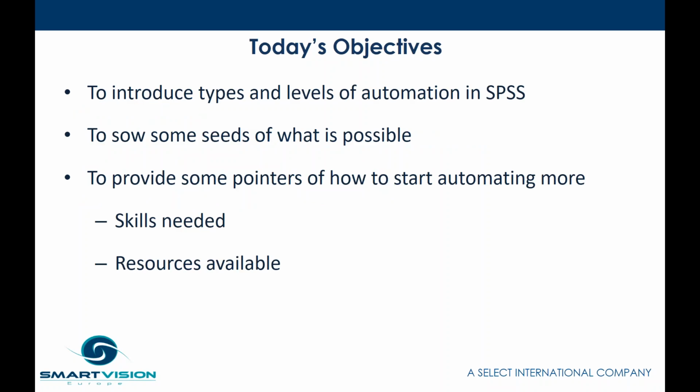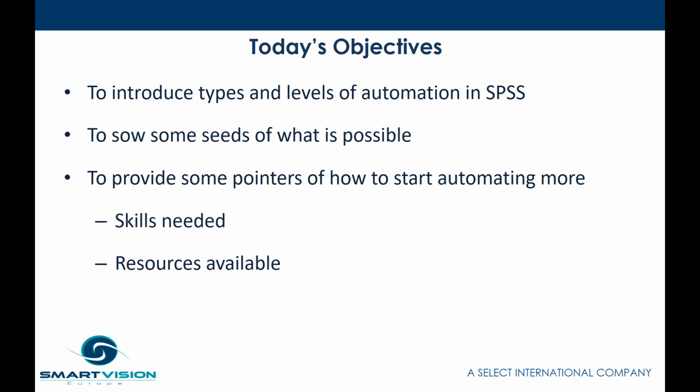So what we want to achieve today is to talk, at a high level, about what the different types and levels are when it comes to automation in SPSS. You may already have some automation ideas or challenges, and if you do or you don't, because it's about the art of the possible, we hope it starts to sow some seeds of what you might look to do.